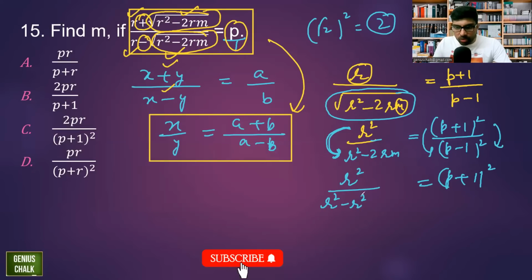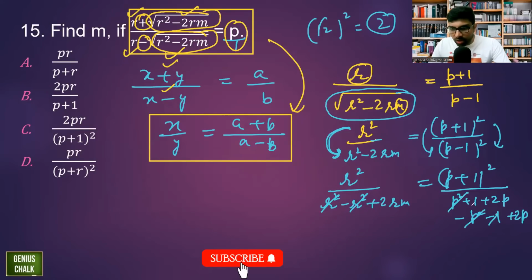So r square minus r square, and minus minus plus, this becomes cancelled. Here also p plus 1 whole square is p square plus 1 plus 2p, minus p minus 1 whole square, which is p square plus 1 minus 2p. So the minus getting inside, it will be minus p square minus 1 plus 2p. So this is getting cancelled, this is getting cancelled.